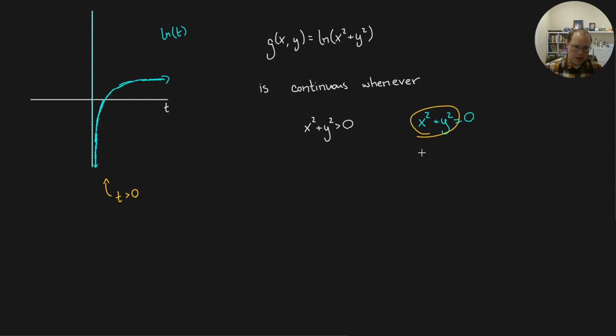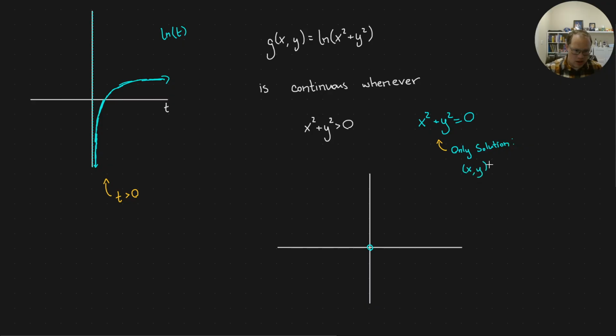But because x squared plus y squared is always non-negative, the only way that this equals 0 is if x and y are both equal to 0. Right? So if x and y are both equal to 0, that would be this point right here, the origin. Okay? So the only solution is xy equals 0, 0.